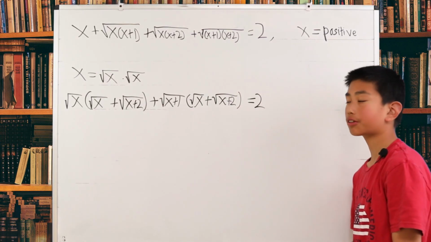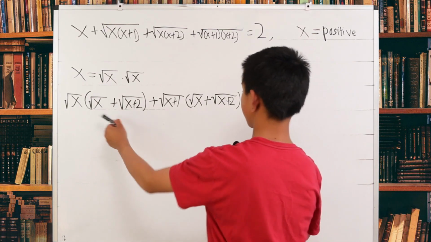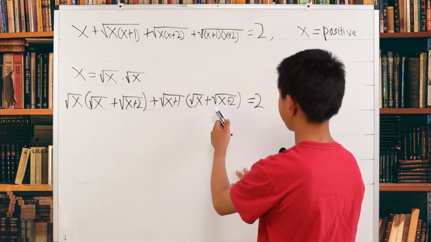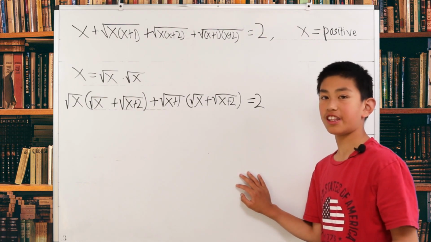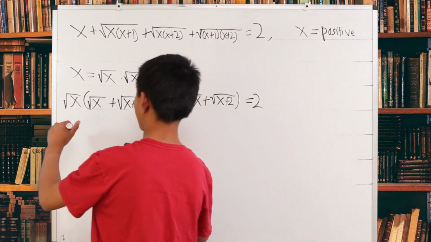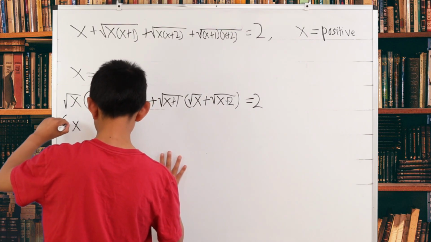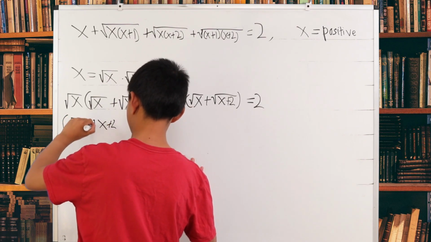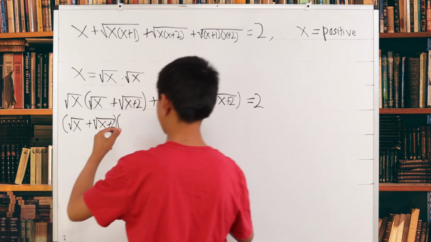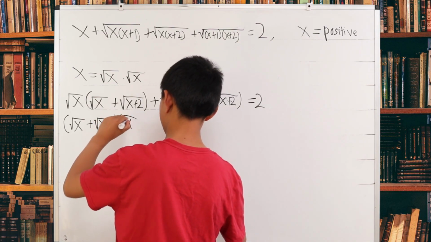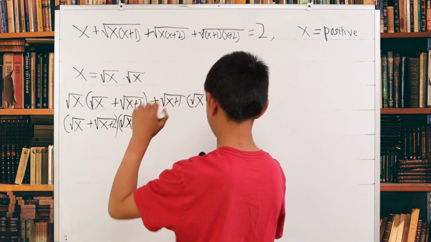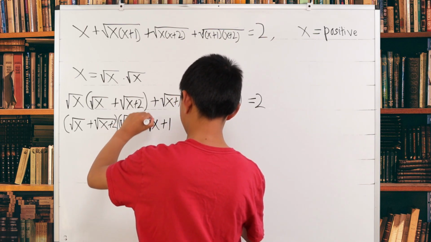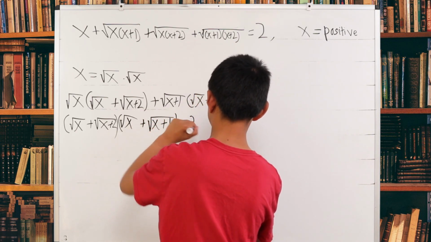We also notice here that these two terms both have a similar term, the square root of x plus the square root of x plus 2. So we can then put that in parentheses. It is now the square root of x plus the square root of x plus 2, times the square root of x plus the square root of x plus 1, is equal to 2.